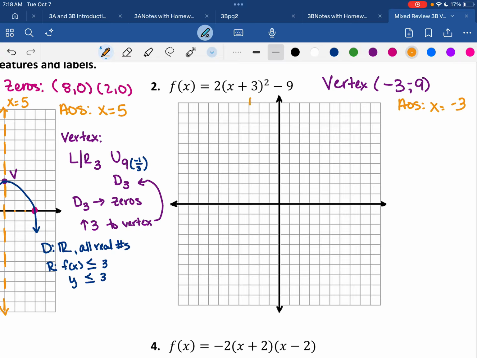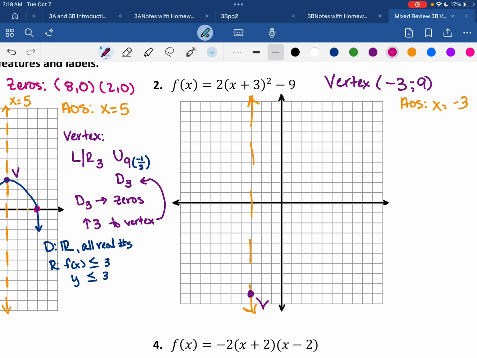So I'm going to come plot -3, and then I'm going to graph my vertex at -9. Put a V there. And again, I'm going to look to see how far I traveled. To get to my y-intercept, I'm at -3.